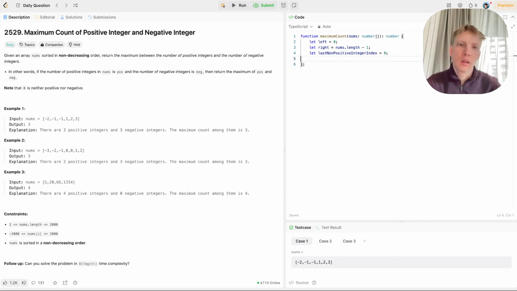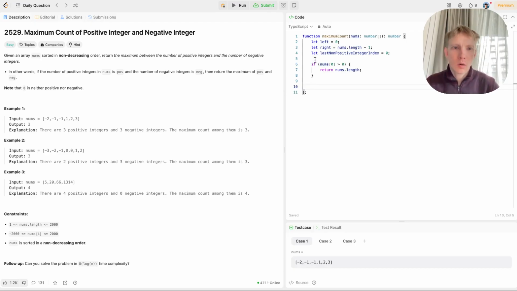Let's say that we want to make an early exit. If the first number is bigger than 0, then we should return nums length, in case of all positive, then we should have all negative.